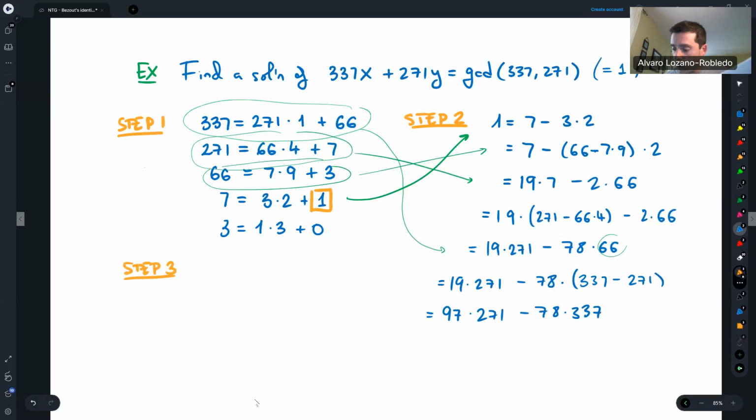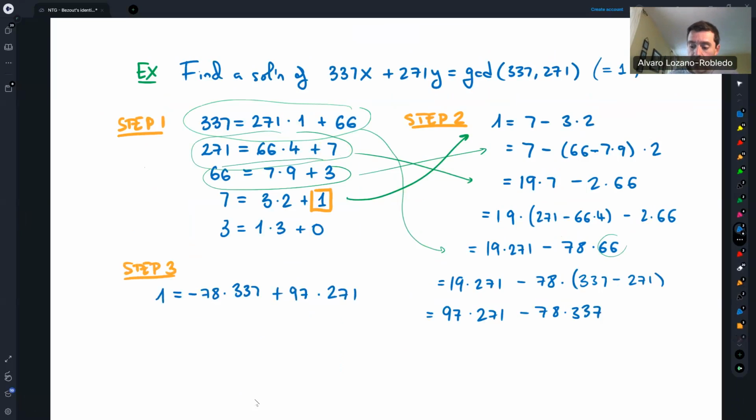So in the step 3 now, let's rewrite that equation. So what I got from the step 2 is that 1 equals, I want 337 first. So I'm going to write minus 78 times 337 plus 97 times 271. And then I want to really write it like this.